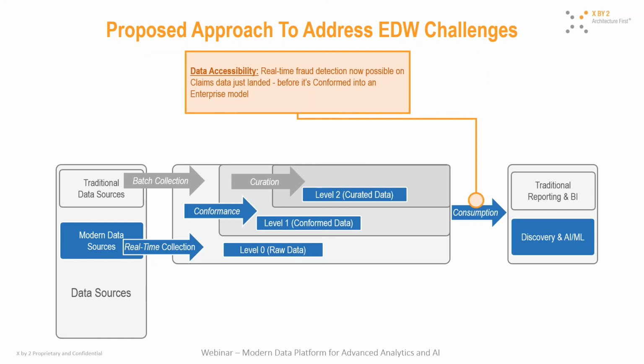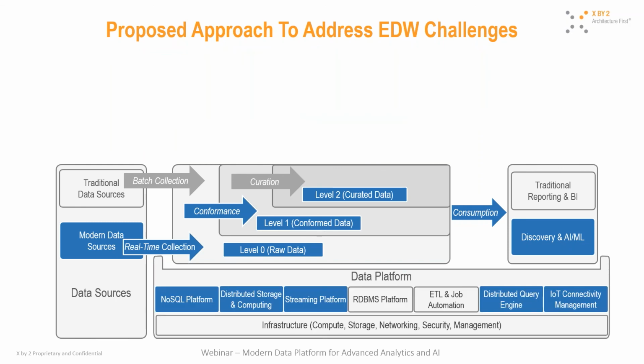Both are supported from this unified data platform. And the example, from a data accessibility standpoint, is that if you want to run real-time fraud detection on claims, you can easily run that analysis on the data that just landed in the first level. It doesn't have to go up anywhere. You can still run your algorithm on the claim data that just came through.